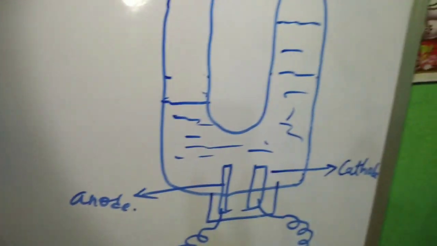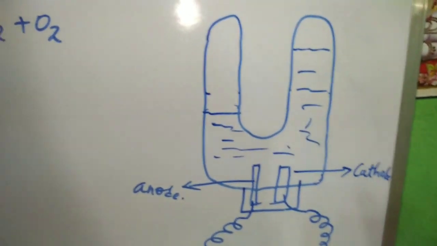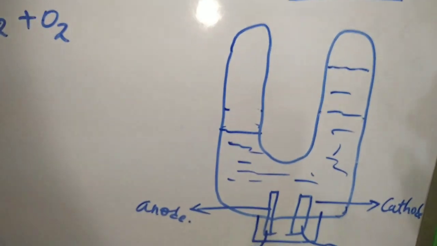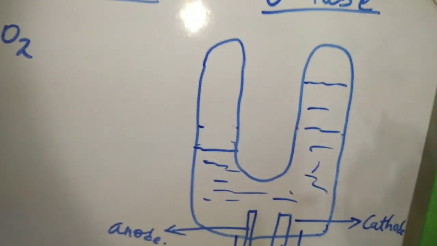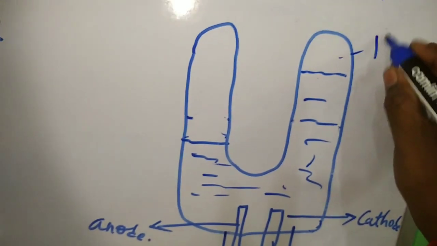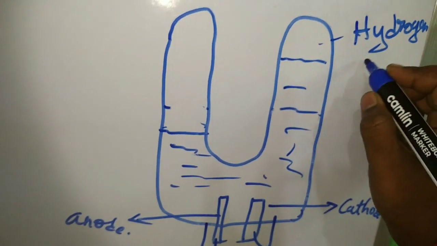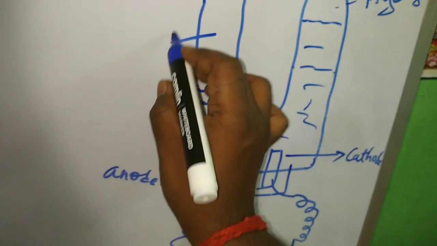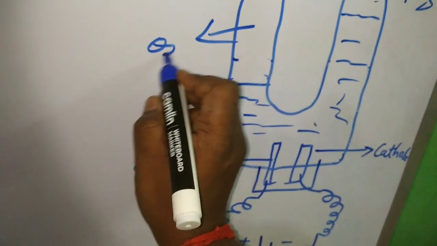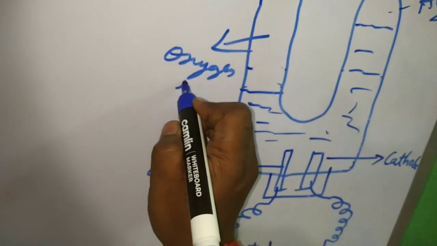Okay students, the level which rises up is the hydrogen, it yields hydrogen gas, and here it yields oxygen gas.